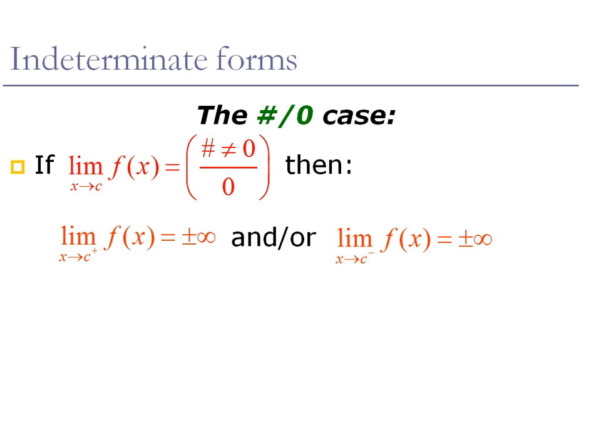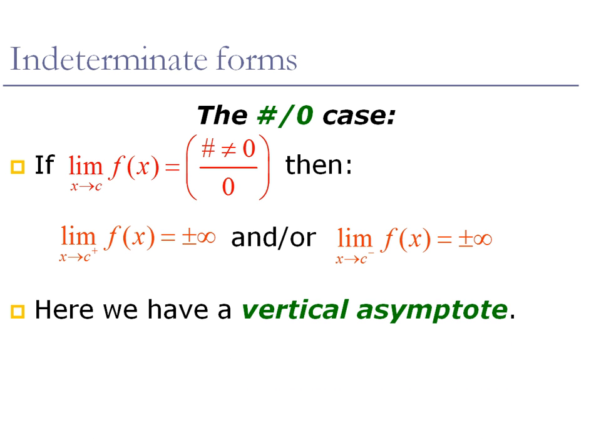But you'll see what the problem is and why we need to go a little bit more into details, and that is that there are many possibilities. We can end up with the left limit being infinite, the right being not infinite, or one being infinite, the other being finite, or all kinds of other situations like this. So when that happens, what we can say is that definitely we have a vertical asymptote. We know that at least one of the two sides is going to go to infinity.